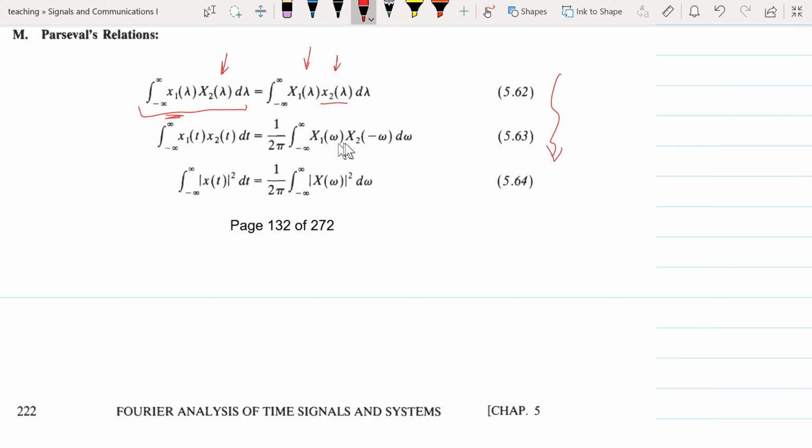And therefore, the most important relationship that we should get is equation 564. This equation is called Parseval's theorem.